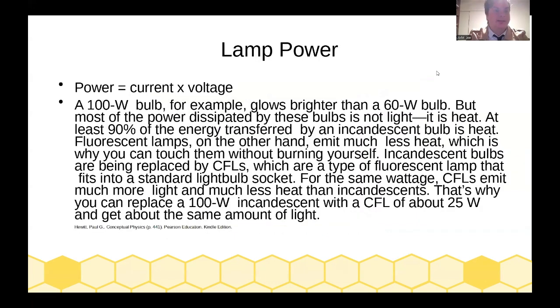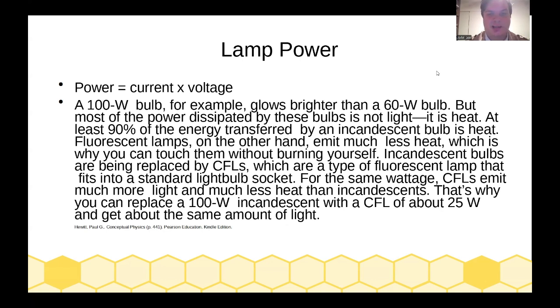The power going through an electric circuit is equal to the current times the voltage, which makes sense unit-wise because it is the energy divided by time. So the current, which is charge divided by time, times the voltage, is going to have units of energy divided by time.